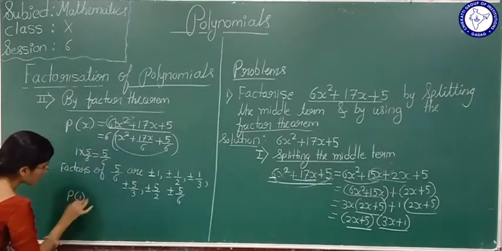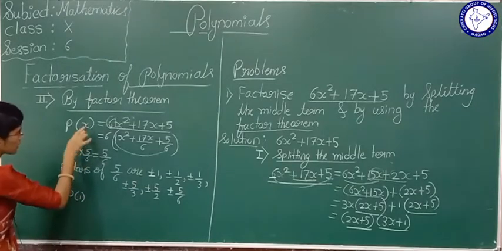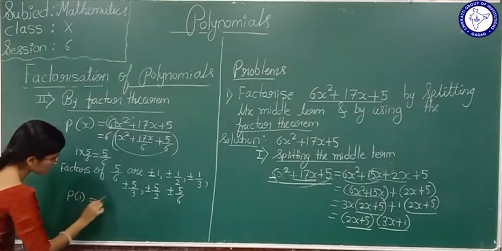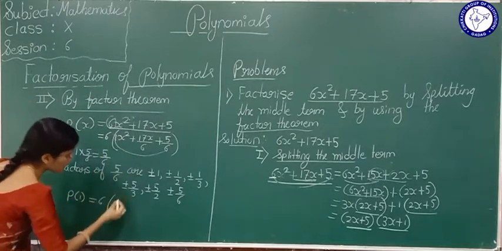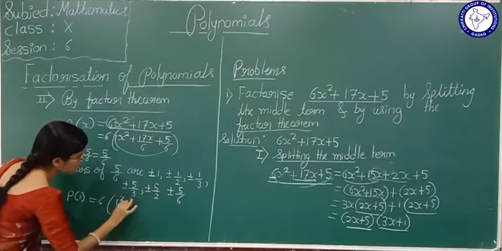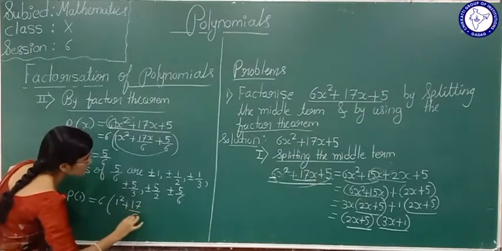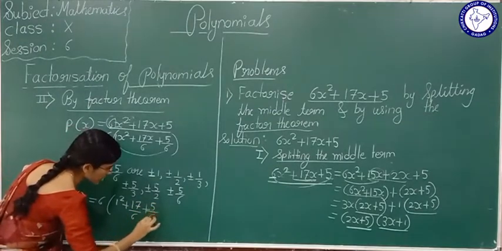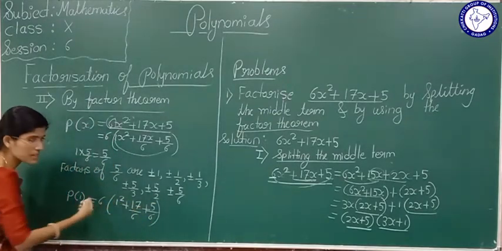Put here p of 1, okay, in x place you put 1. What is this? 6 bracket, here you put 1 square plus 17 by 6 plus 5 by 6. Now tell me, is it possible to come here 0?